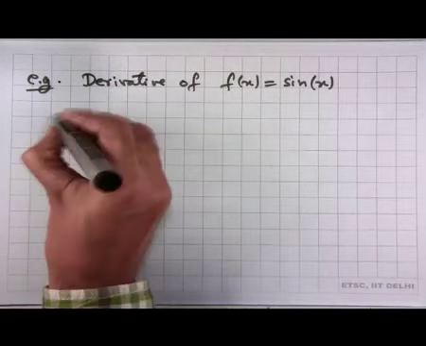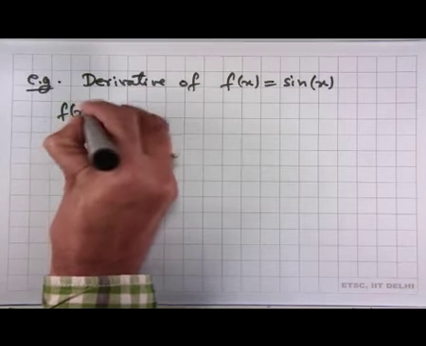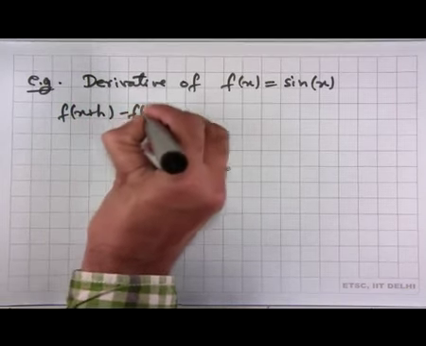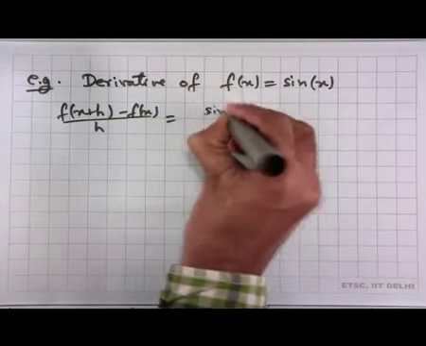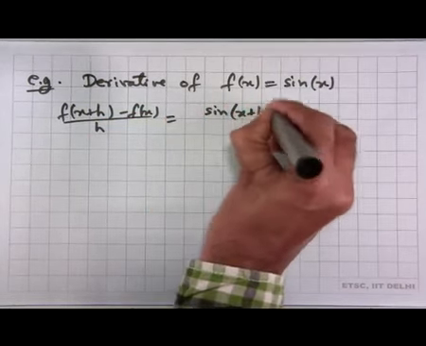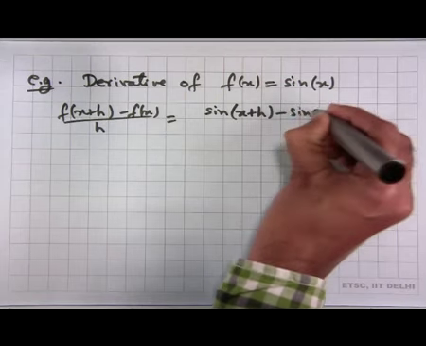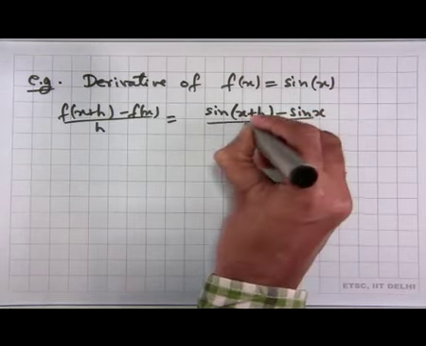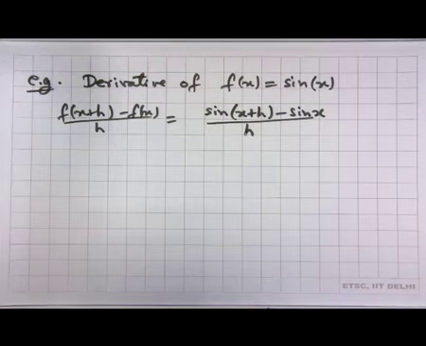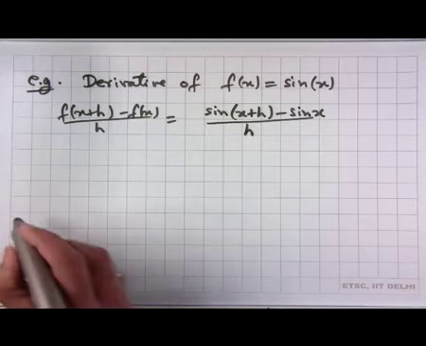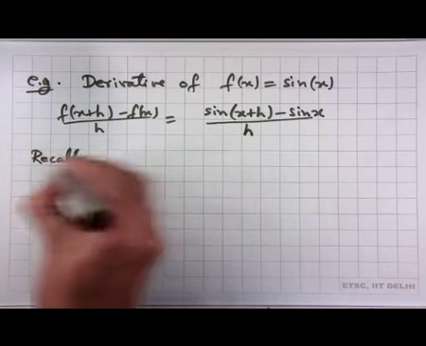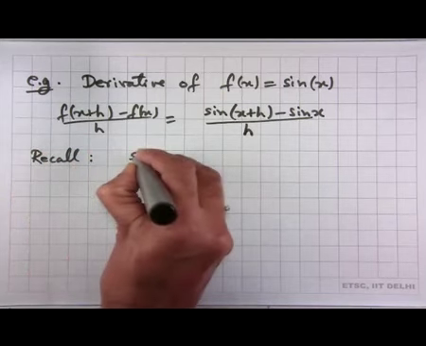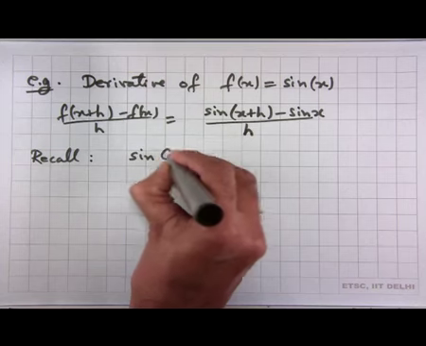So, if we look at f of x plus h minus f of x divided by h, this is equal to sin of x plus h minus sin x divided by h. And then you recall what is the formula for sin c minus sin d.